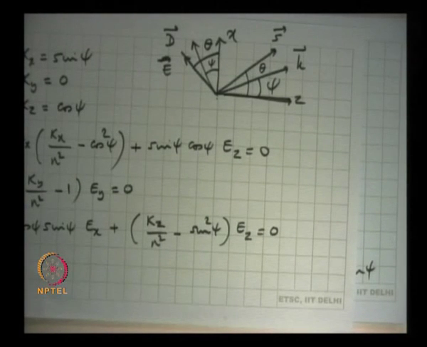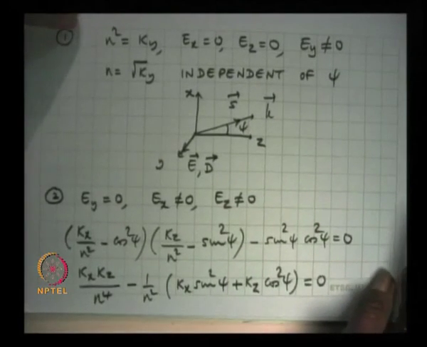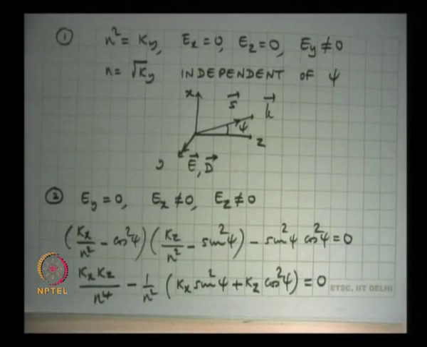So, please note that again for a propagation in the xz plane with the k vector making an angle psi with the z axis, I have found two solutions. The first solution is a wave with the electric vector along the y direction, and S vector and k vector are parallel.